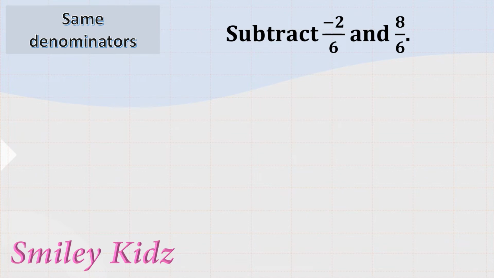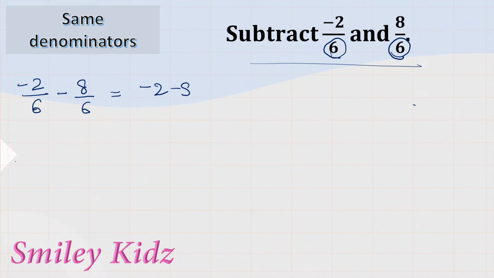Let's see another example on same denominators. Subtract minus 2 by 6 and 8 by 6. So here we are having the same denominator, so we will be simply subtracting the numerators. Minus 2 by 6 minus 8 by 6, which is equal to minus 2 minus 8 by 6.